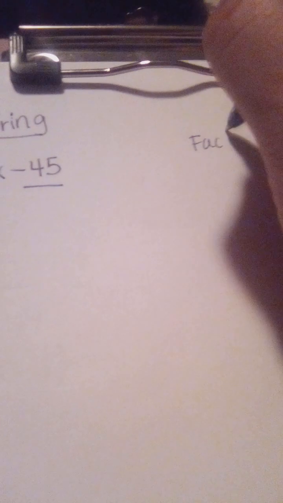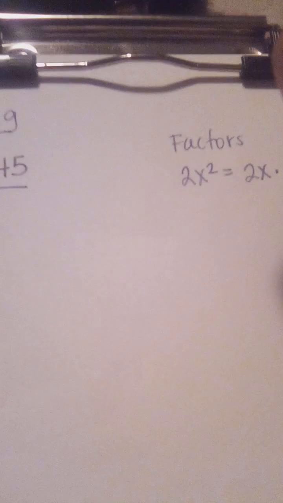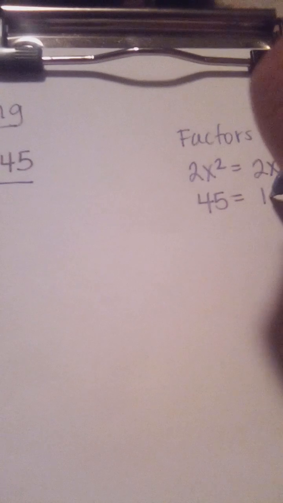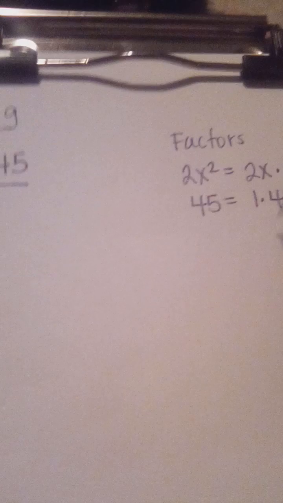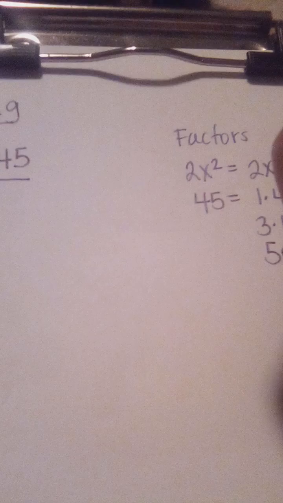Let's do the factors. 2x squared is 2x times x. Factors of 45, what are they? 1 times 45, 3 times 15, and 5 times 9.